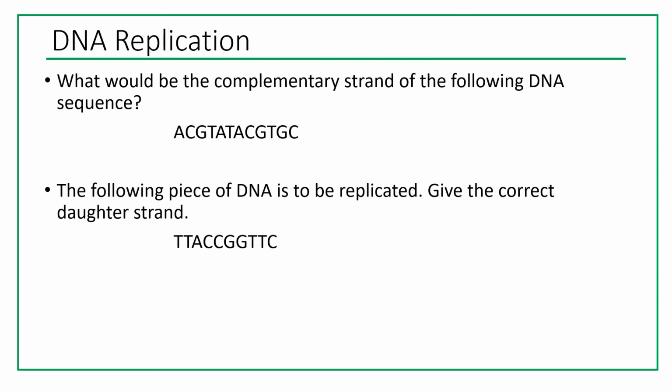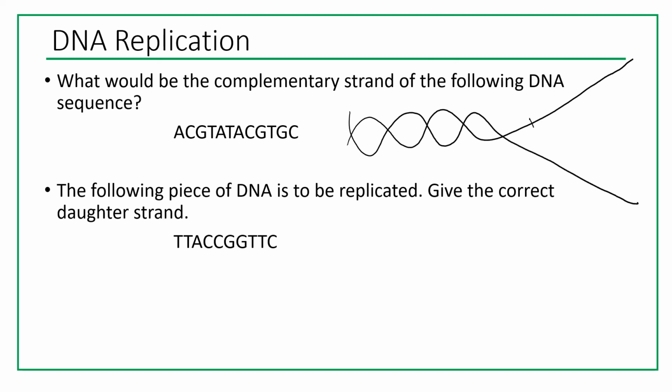Here's a question asking you, what would be the complementary strand for the following DNA sequence? If I have DNA over here, I'm just going to open it up. If this strand has nucleotides A, C, G, T, and A, the question is asking what would be the second, complementary strand.